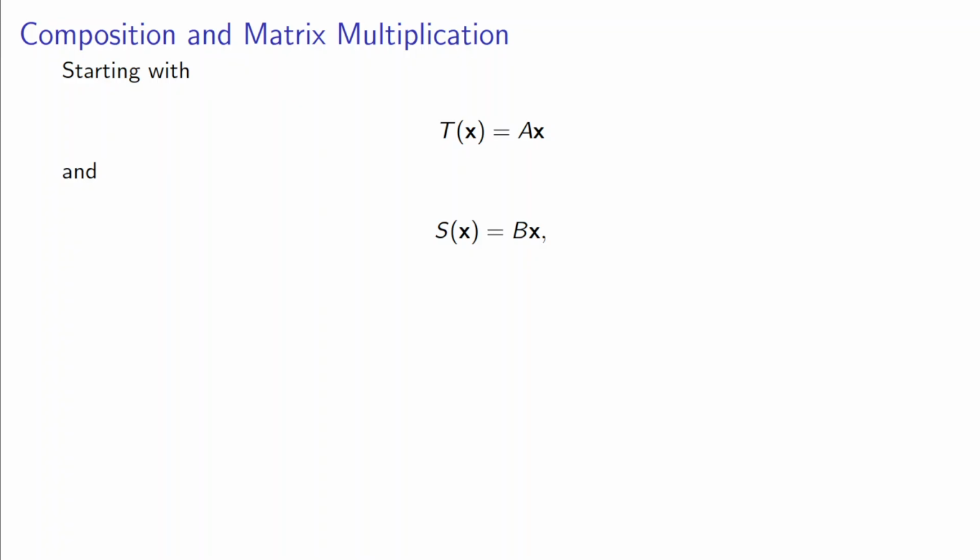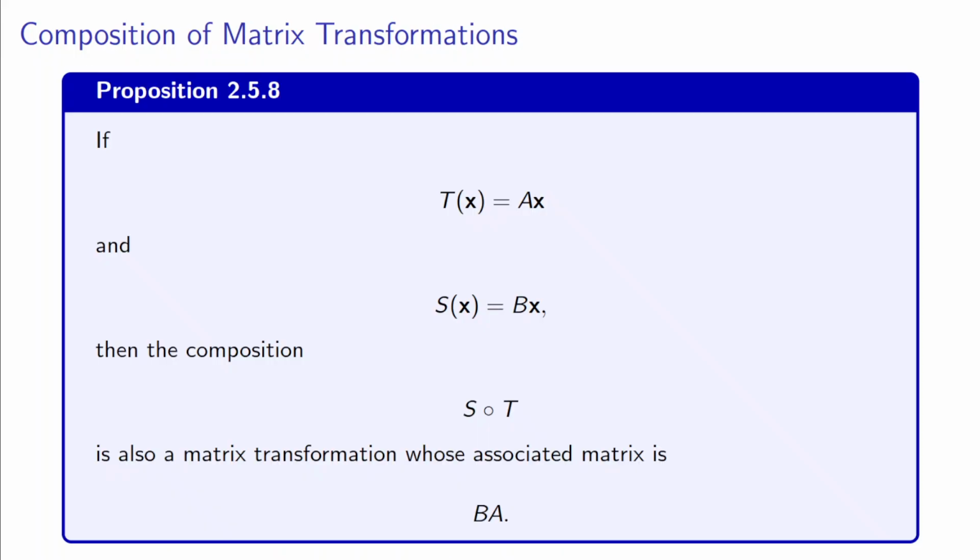If we're looking at these as matrices, T of X is AX, S of X is BX. So to perform S of T of X, first we perform T of X, which is AX. And then to perform S of that, we would do B times the resulting vector, which is AX. The general idea here is that this is going to lead to our matrix multiplication.